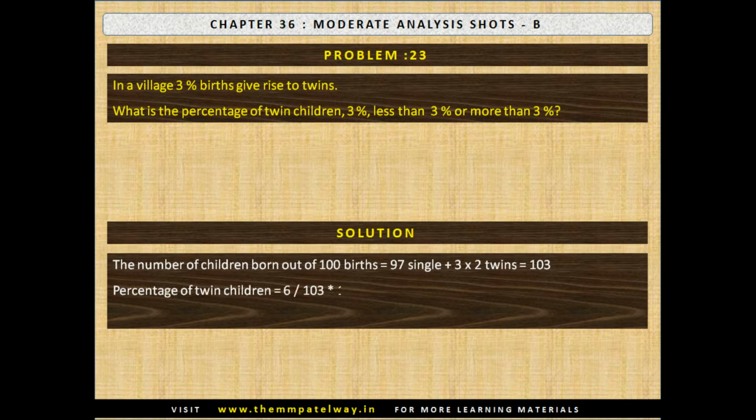The number of children born out of 100 births equals 97 single plus 3 into 2, 6 twins, that is 103. Percentage of twin children equals 5.825. Naturally, the percentage of twin children is more than 3%.